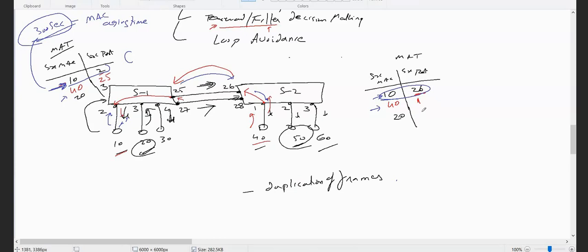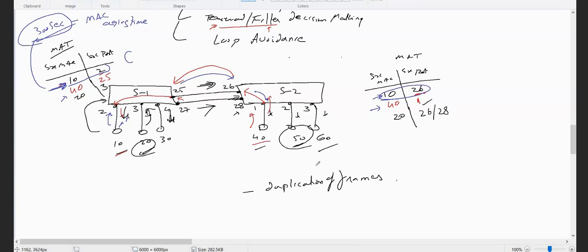It cannot be both, so it can be either 26 or 28. Which one? It's all a matter of timing. I learned it on 26, next millisecond I learned it on 28. So I will always take the latest and refresh the entry. In this example, I don't care which one, just randomly picking 26.